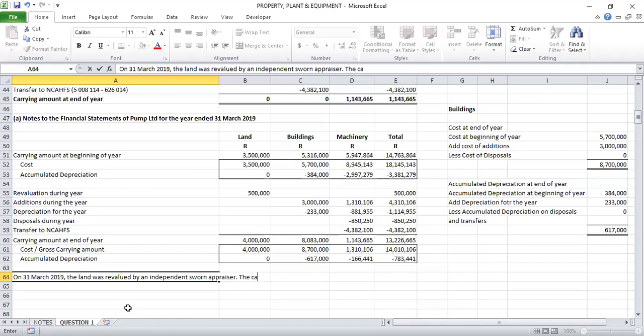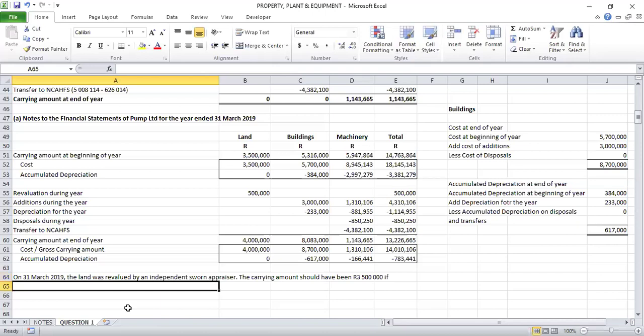The carrying amount would have been 3.5 if no revaluation had taken place.